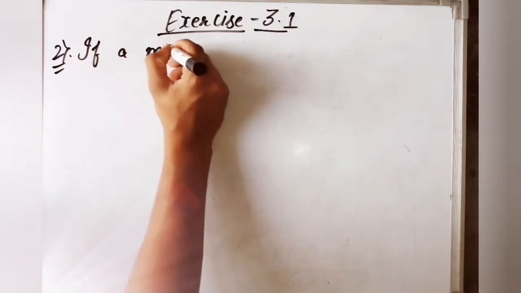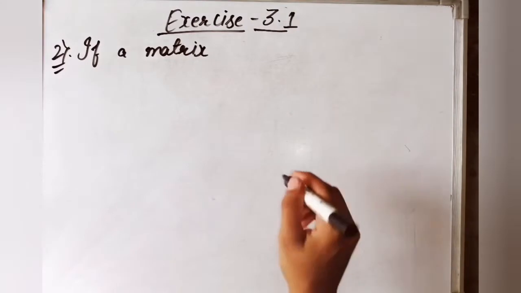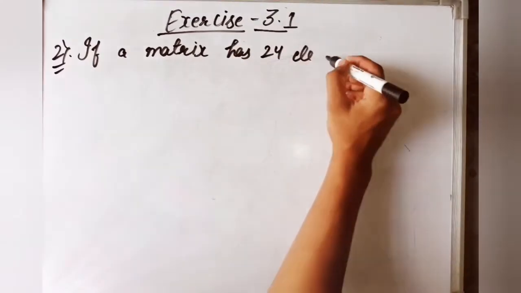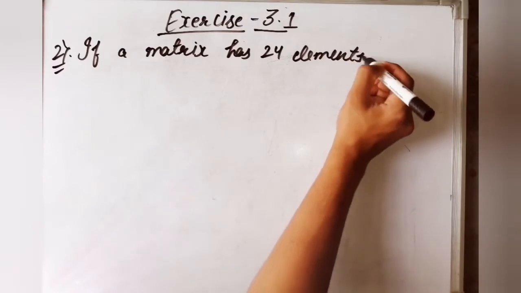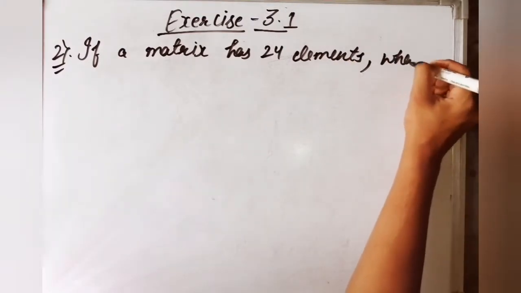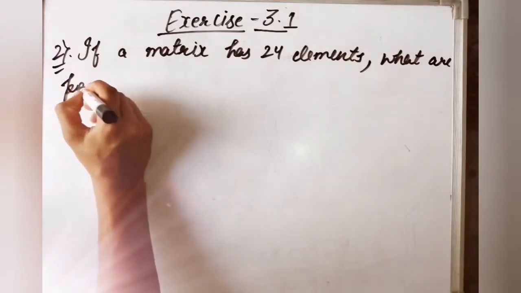If a matrix has 24 elements, what are the possible orders?